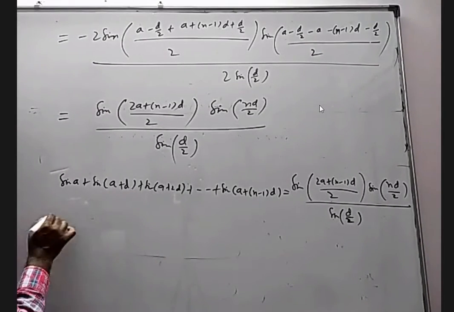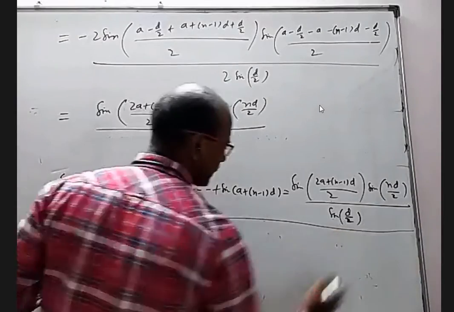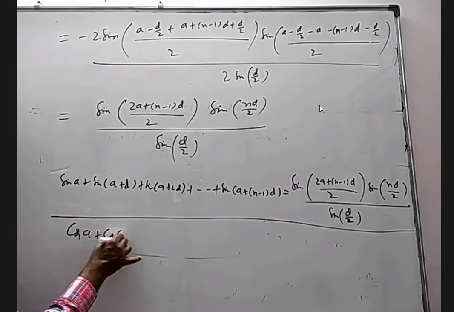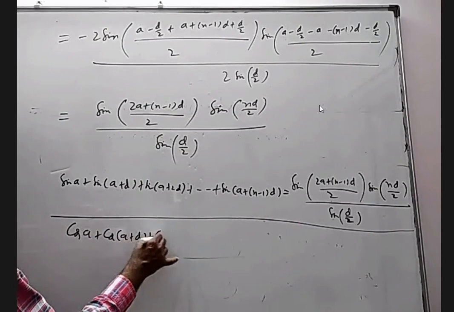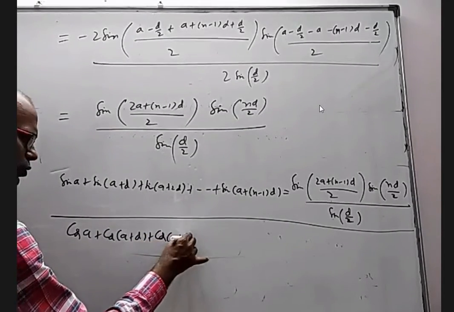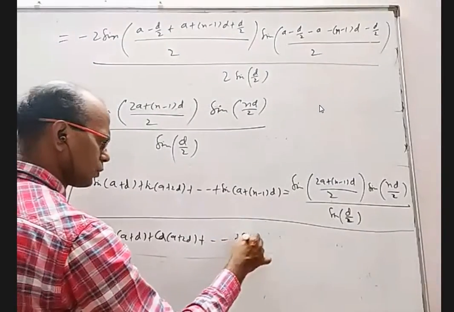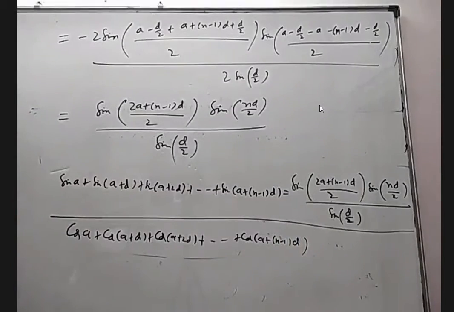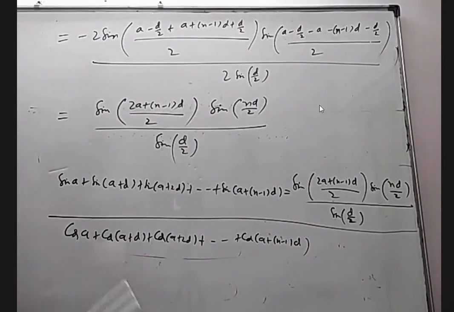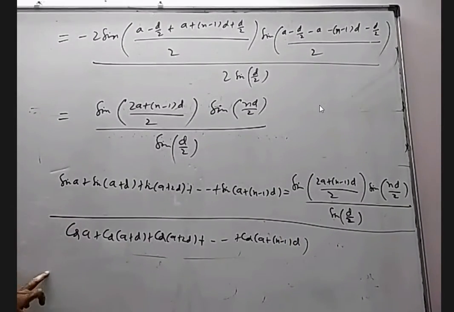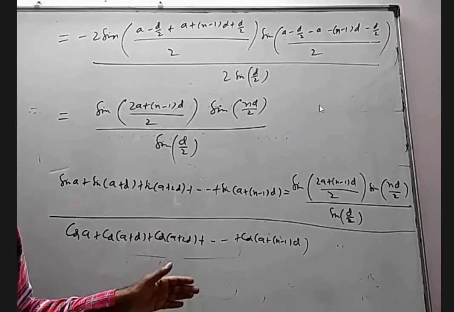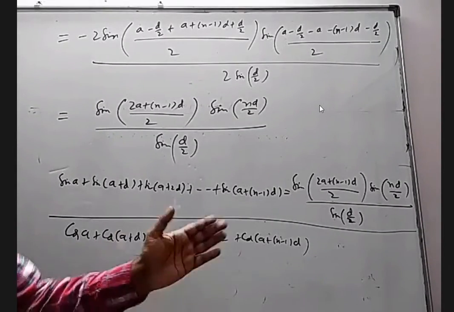Okay. Those who completed this, I want you to derive the formula for this: cos A plus cos(A + D) plus cos(A + 2D), and so on up to cos(A + (n-1)D). Even here, we multiply with 2 sin D by 2 and divide with 2 sin D by 2 only, not cos. Because if I multiply with cos, 2 cos A cos B is going to give you cos(A + B) plus cos(A - B).